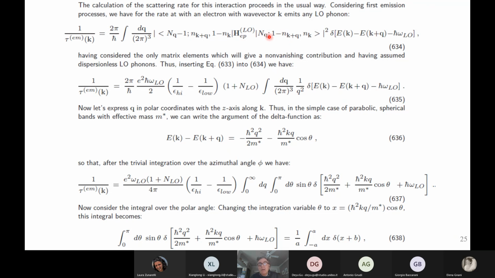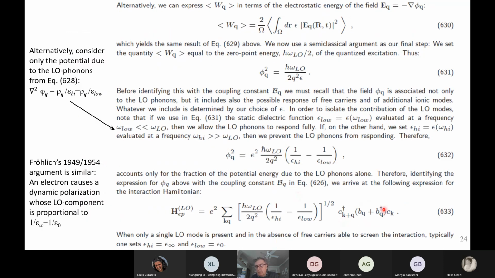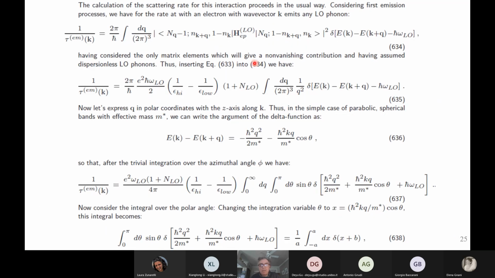So we can ignore the Fermi functions of the electrons. The occupation number of the phonons will be expressed by the usual Einstein coefficients, because we have the same matrix element that we had previously for the non-polar interaction, the same expression in terms of creation and annihilation operators. All the differences are in the coupling constant or coupling function. So we can express, for example, emission with the Einstein coefficient due to the emission.